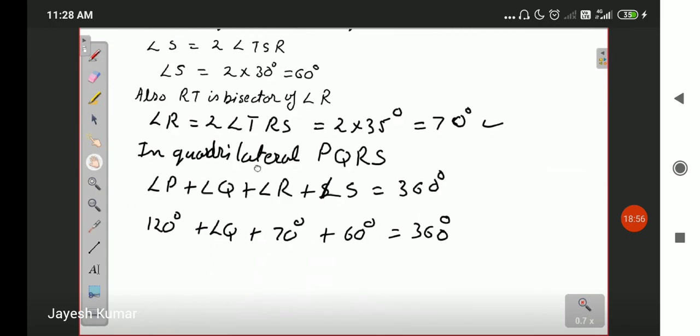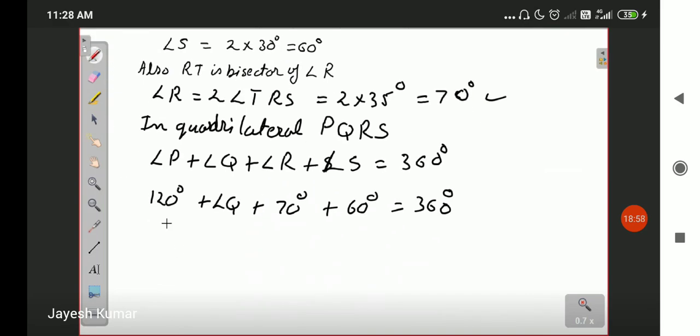So we will simplify it. This will be angle Q plus 60 plus 120, 180, 180 plus 70, 250.